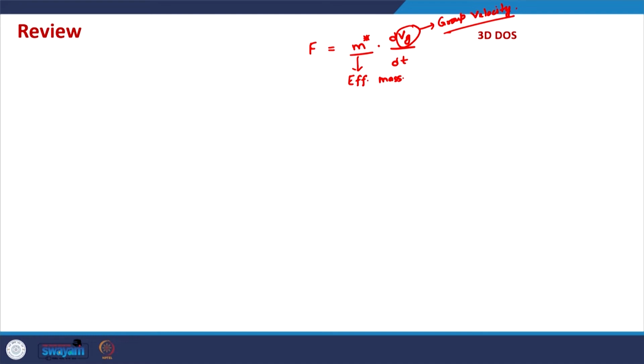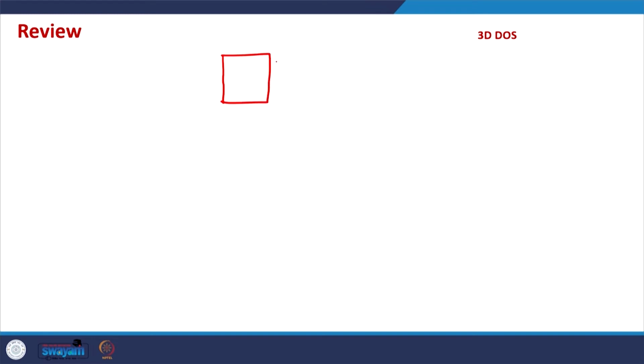Now, we are gradually coming towards actual analysis of devices. So, as usual we start with a two terminal device, and a two terminal device looks like this.